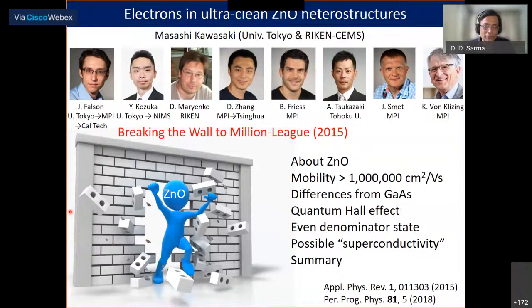Professor Kawasaki is a professor at the Department of Applied Physics, School of Engineering, the University of Tokyo. But he's also deputy director of the very big, very important Riken Center for Emergent Matter Science, and group director of the Strong Correlation Interface Research Group at the same center.